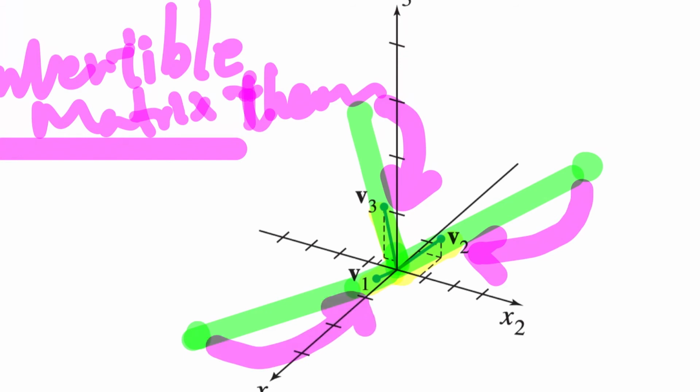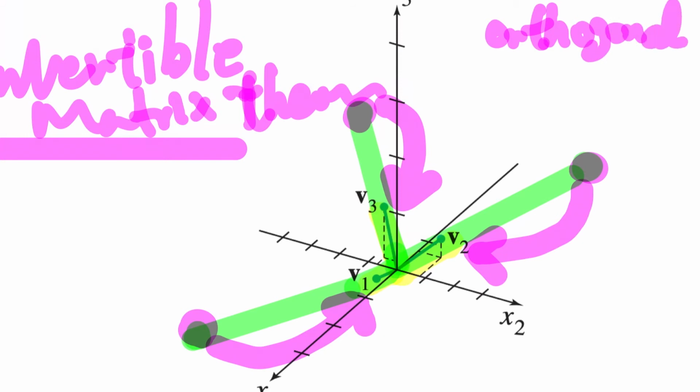If we normalize these arbitrary vectors, we get new unit vectors, something like this. In this case, these three vectors are orthogonal, and these three unit vectors are also orthonormal.